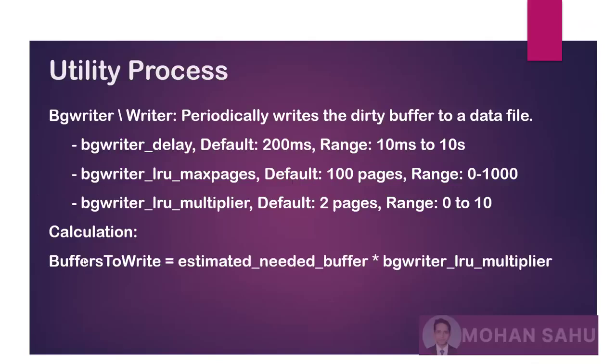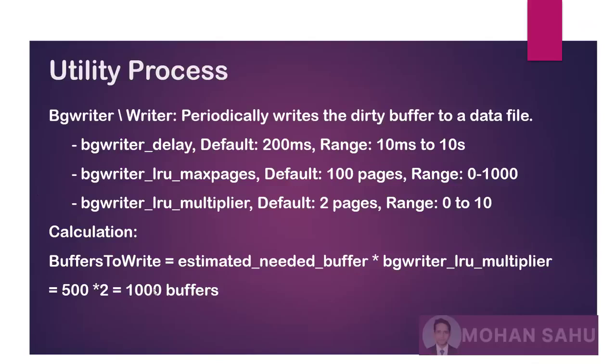The Postgres engine automatically estimates the pages which need to be written from the buffer to the disk, that is called the estimated needed buffers, and this will be multiplied by the bgwriter_lru_multiplier. Let's understand with an example. For example, PostgreSQL estimates that it needs to write 500 buffers, and if we have set the value of the LRU multiplier to 2, the total buffers which should be written is 1000 buffers.